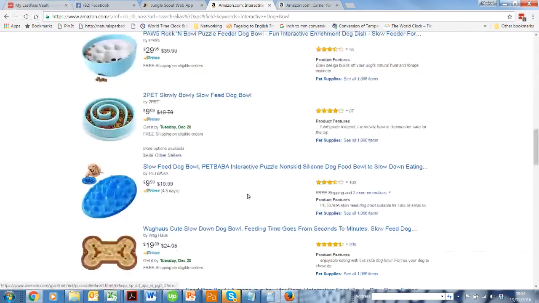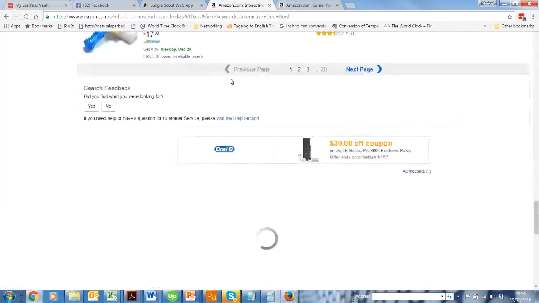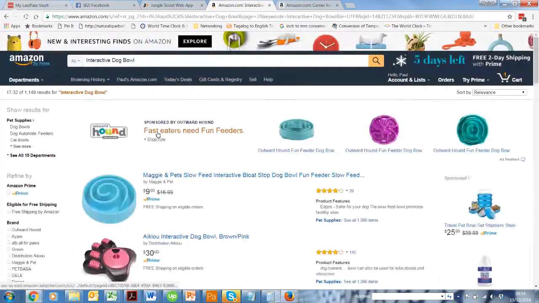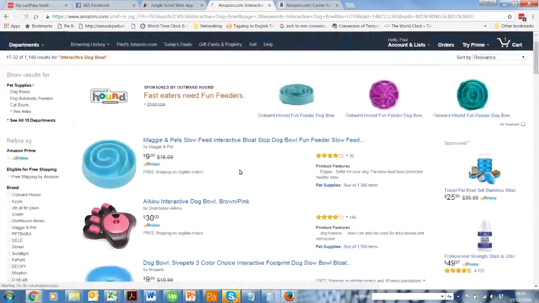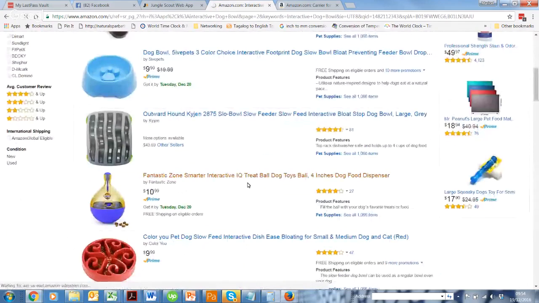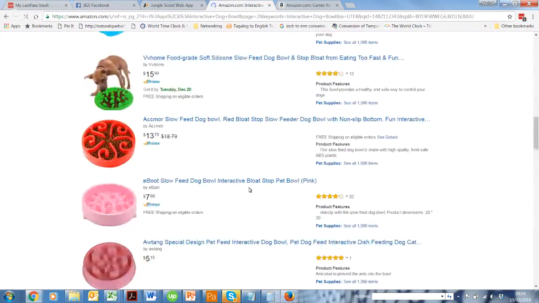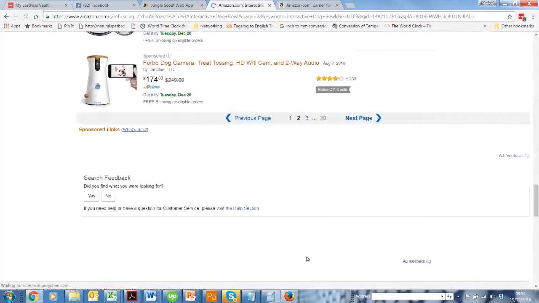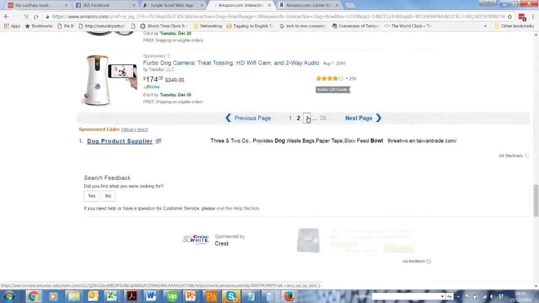So again, we're just going to go down. That trick with the URL doesn't work on page 1. You need to go to page 2 at least. So we're now on page 2, and we're seeing the same type of product. Let's just go down to page 3.